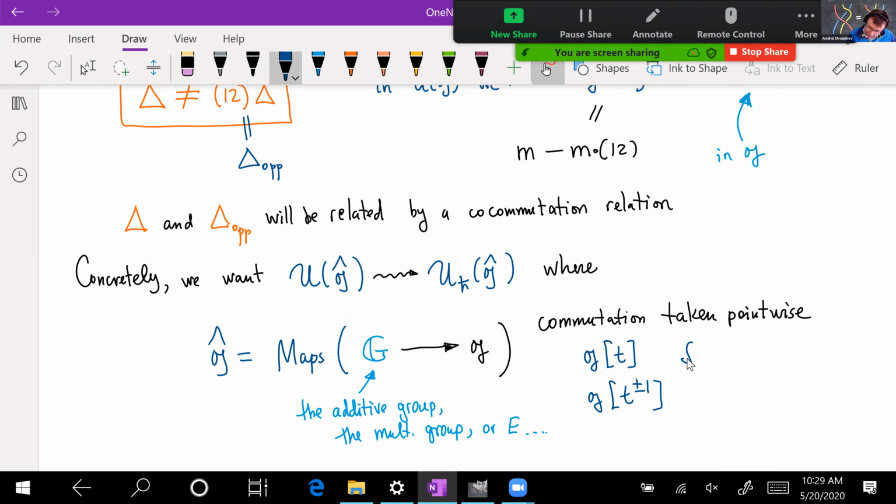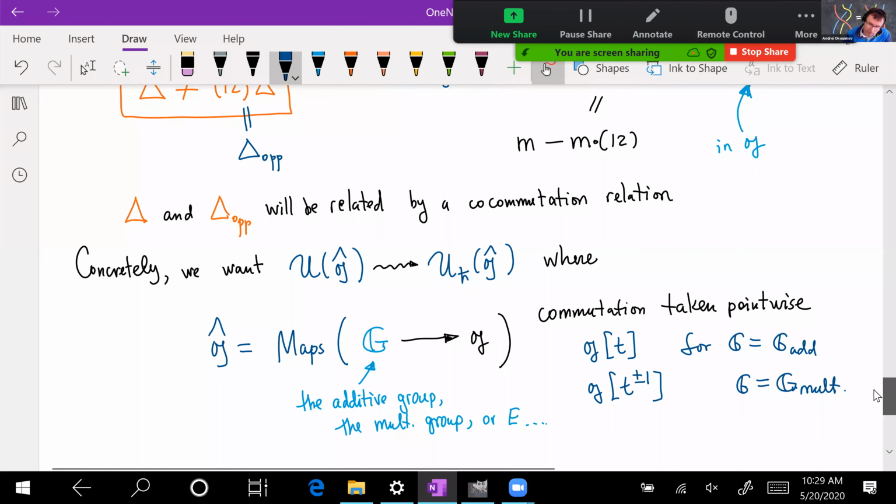So this is for G additive or G multiplicative. And so you have either polynomials or Laurent polynomials with values in G, and then you can, of course, commute them pointwise or coefficient by coefficient. You understand how this is done.